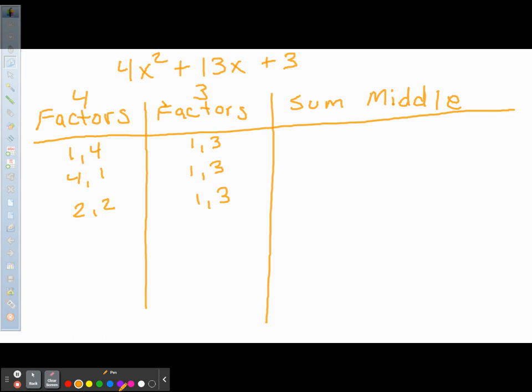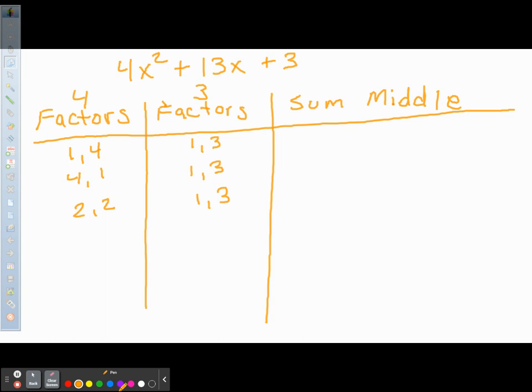So if we did 1x times 3, that's 3x, plus 1 times 4x is 4x, which equals 7x. 3x plus 4x is 7x. It's not 13. So this first one does not work. Okay, now try the next one. You have 4x times 3, which is 4 times 3 is 12, so that's 12x.